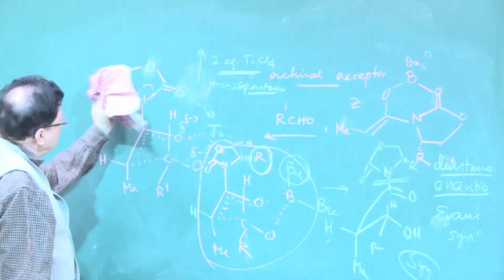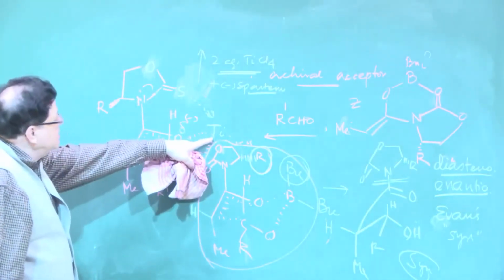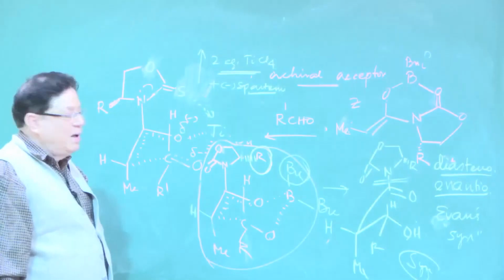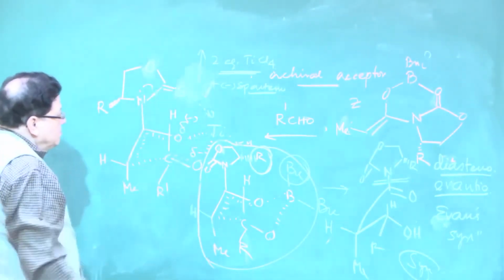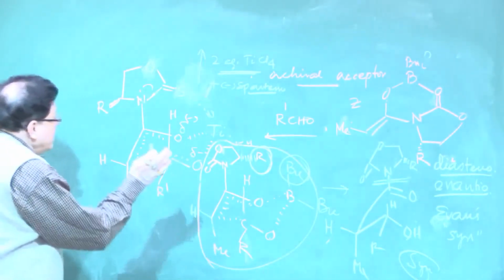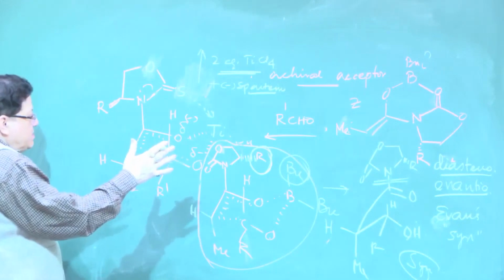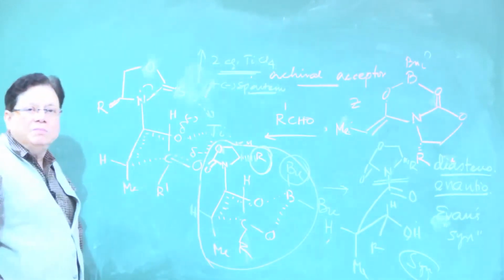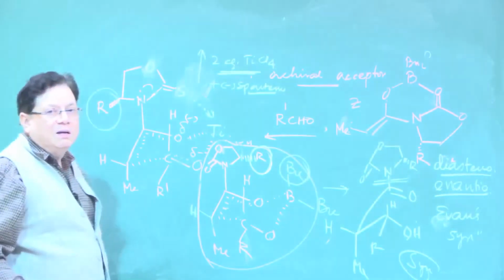So, that now rotates the earlier one which was forbidden, that rotates and forms this titanium complex. If that be the case, if this is the major transition state, then the aldehyde cannot approach from the side which is above this plane of the board towards us, because this R group is now facing us.